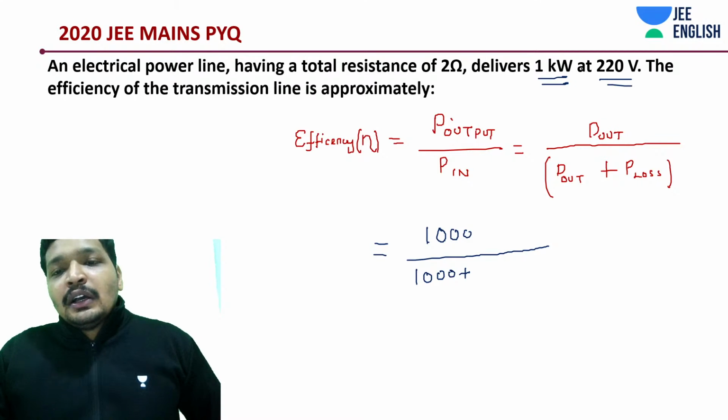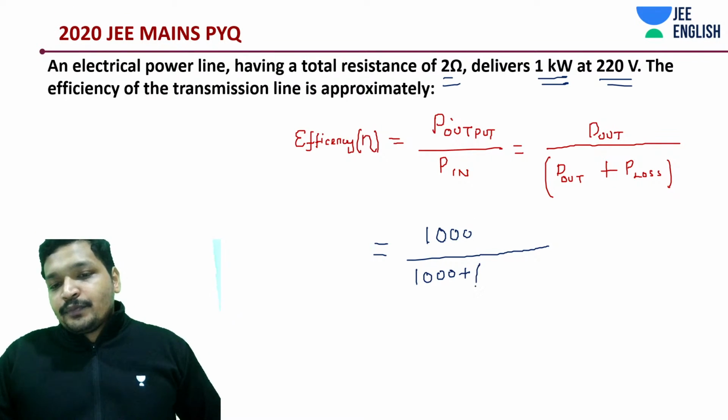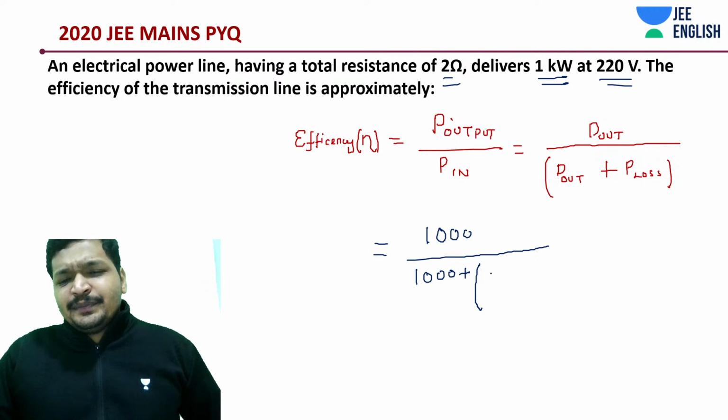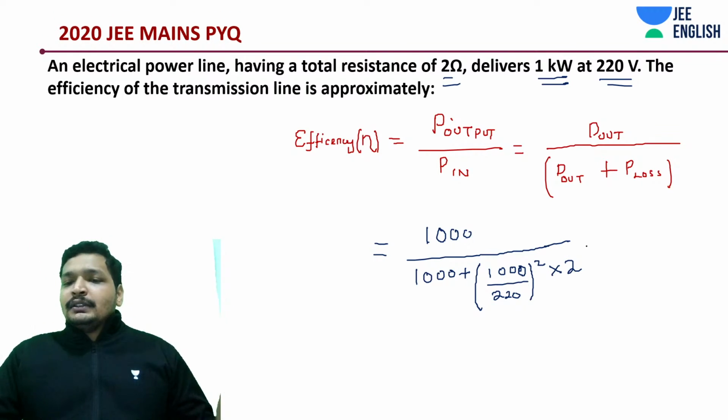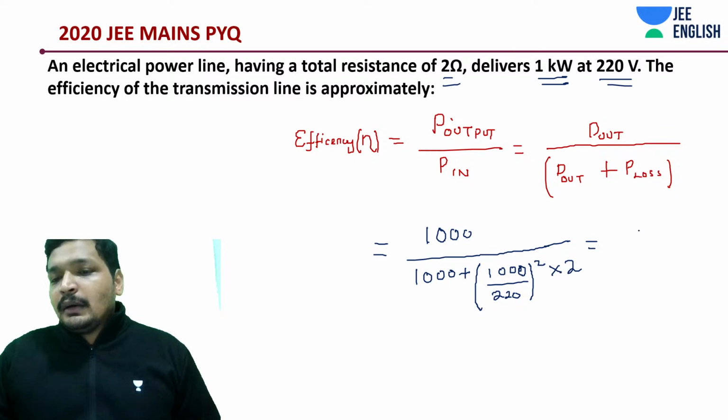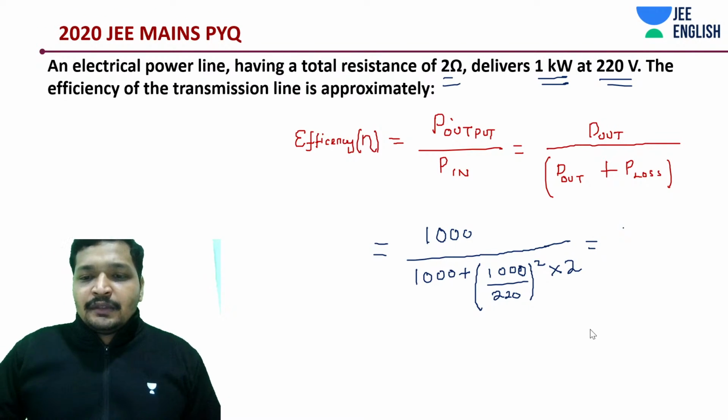I was P by V, whole square, into 2 ohms. Easy. 1000 by 220 whole square, right, into 2 ohms. Let me do a thing just for our understanding, for the calculation purposes. Try to do something.